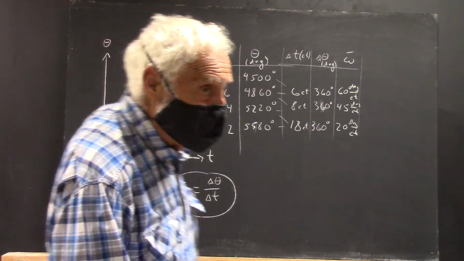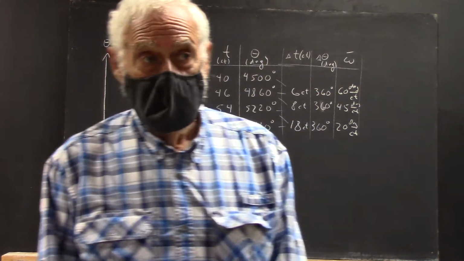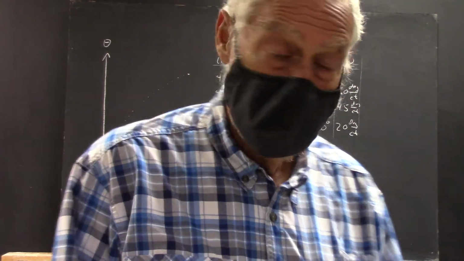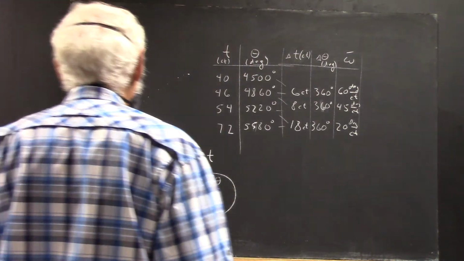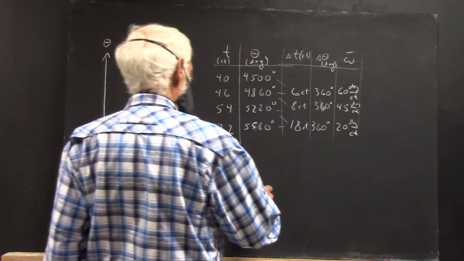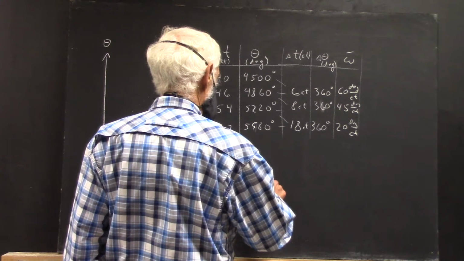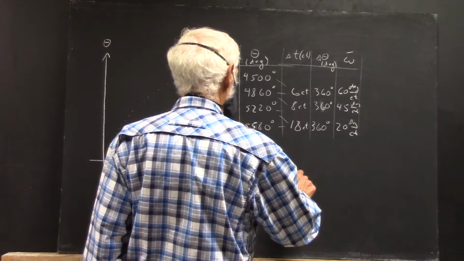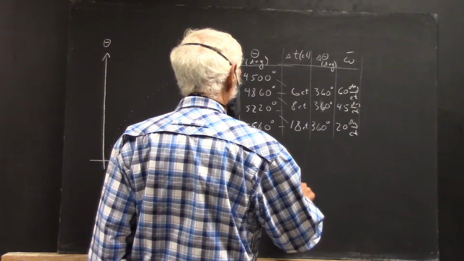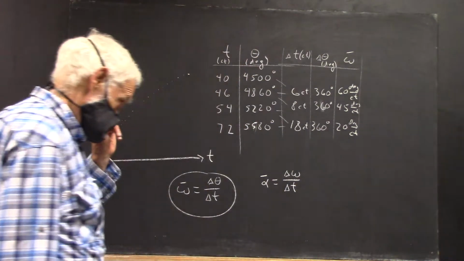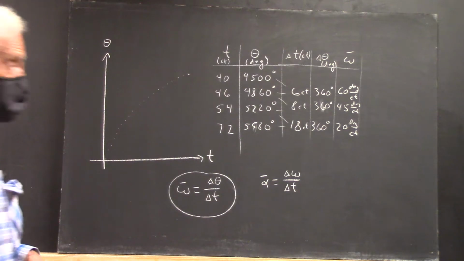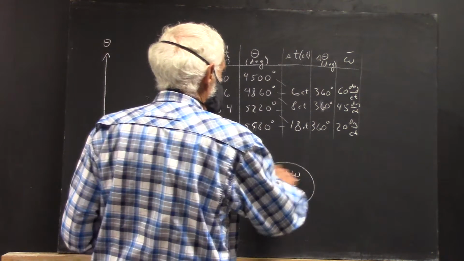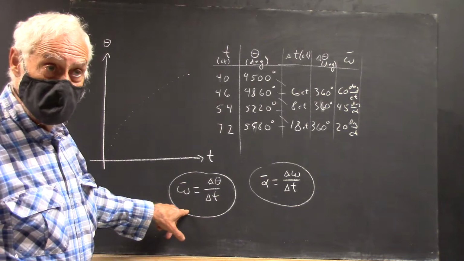Now I want to go on to calculating, or at least estimating, the rate of change of omega. Okay? Does this look anything like this?